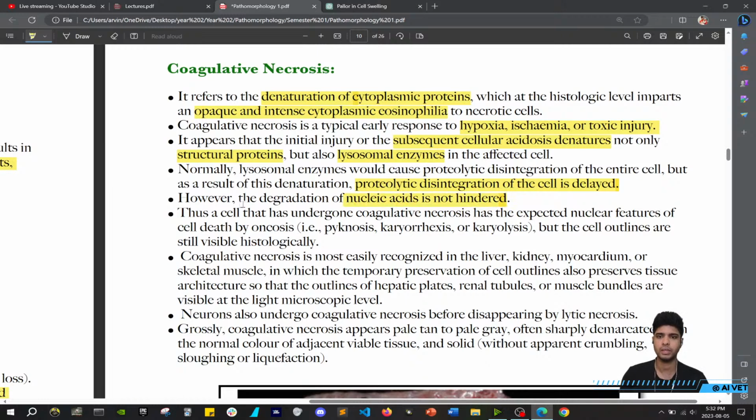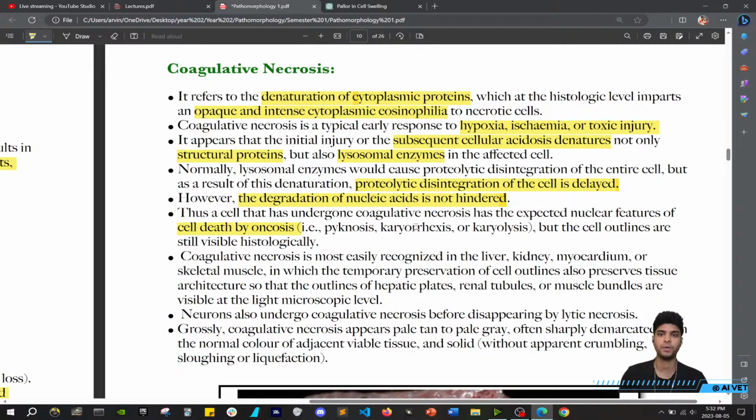Denaturation is not hindered. Thus, a cell that has undergone coagulative necrosis has the expected nuclear features of cell death by causes. Yeah, we know, right?